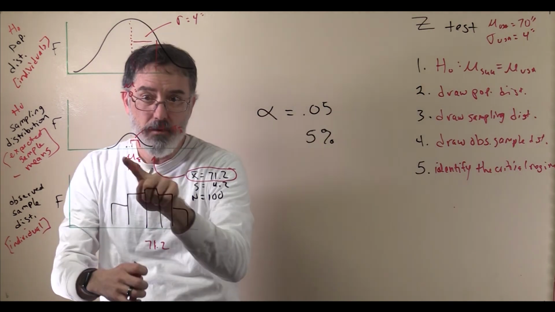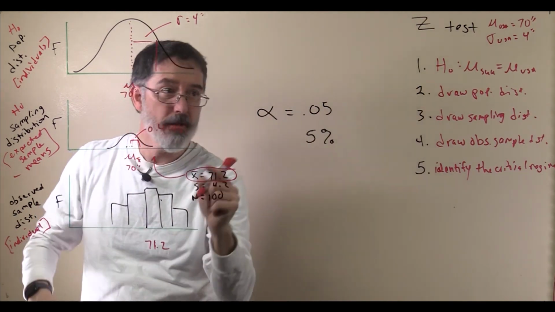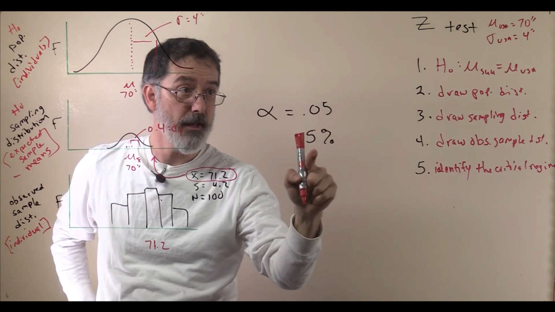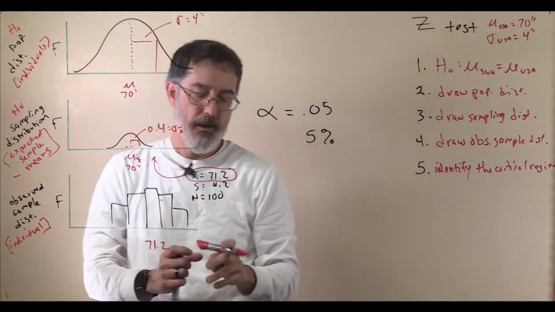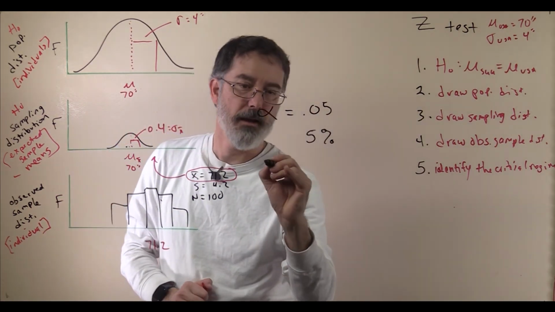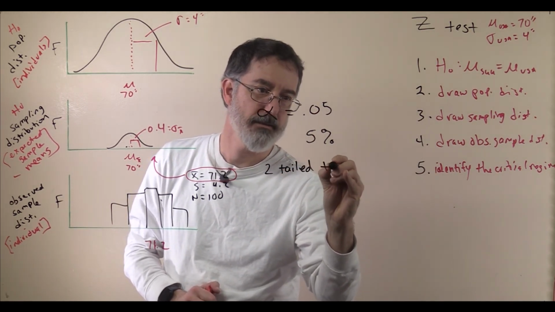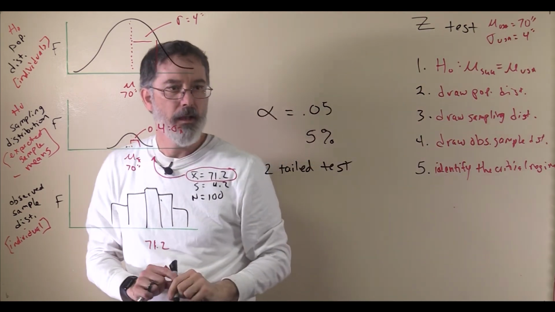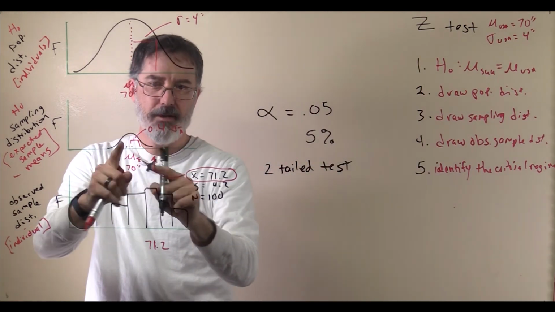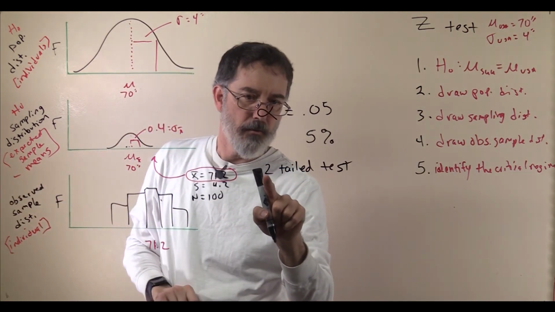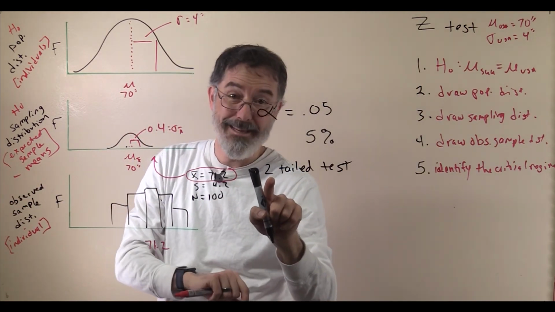And so what we can do is on this normal distribution, we could color in this 5%, or equivalently this 0.05. And we're going to do so with what's called a two-tailed test. And what I mean by that is this distribution has a tail over here where it gets small, and we're going to do this test on both tails.